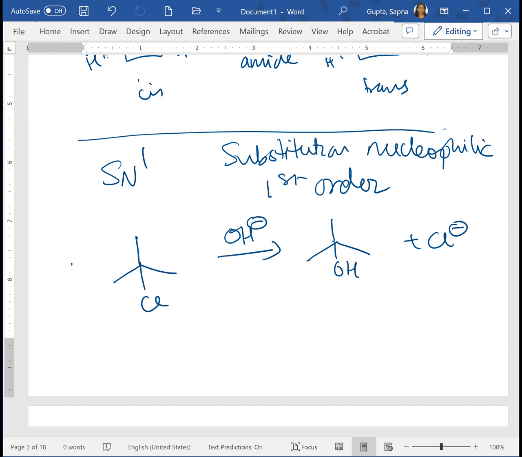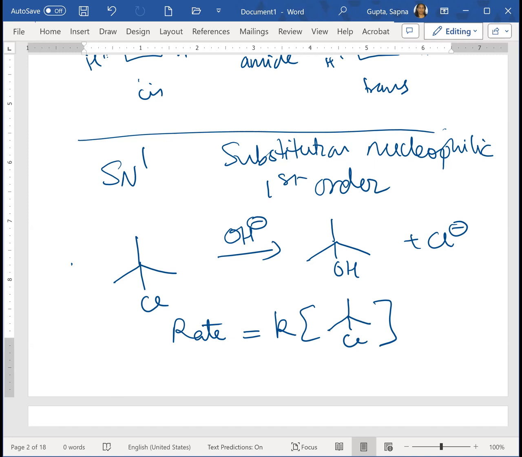Okay, so this one is supposed to be a first order. What does that mean? It means that the rate is only using one thing, okay? Remember, first order is unimolecular. But what is that one thing? It turns out that that one thing is the substrate. So you can change the nucleophile as much as you want, but nothing is going to happen, okay?